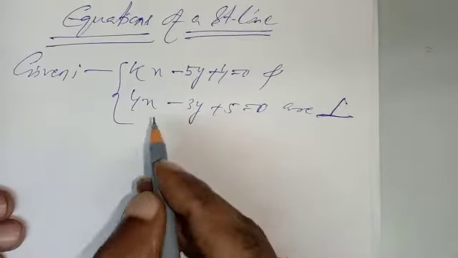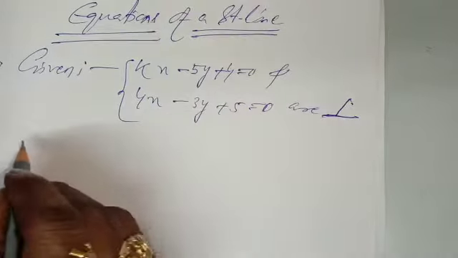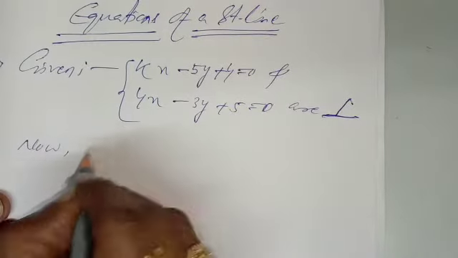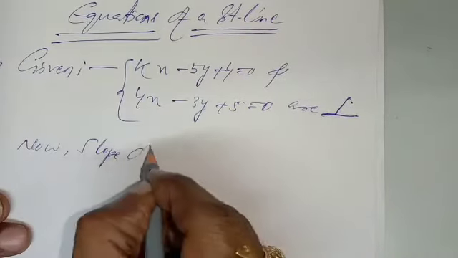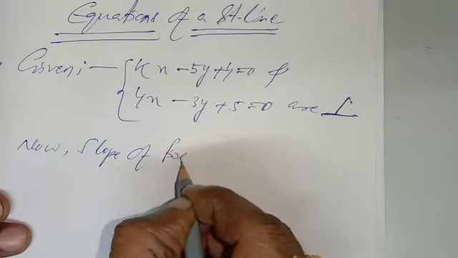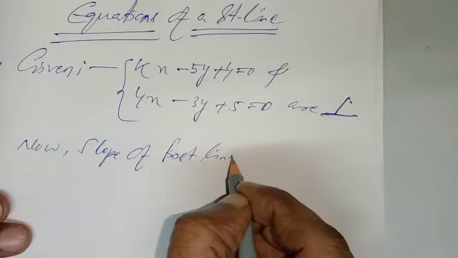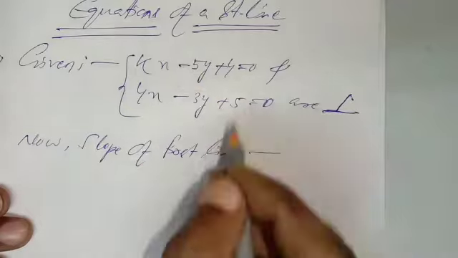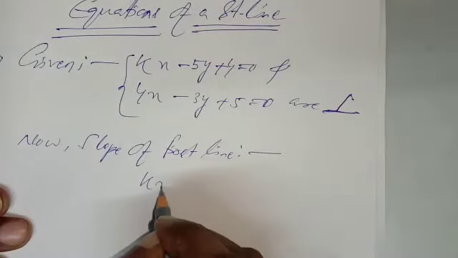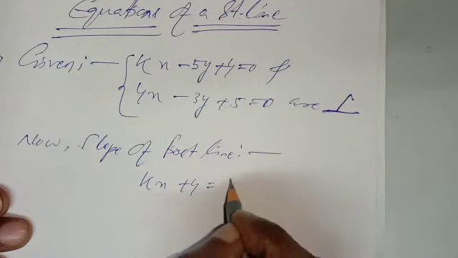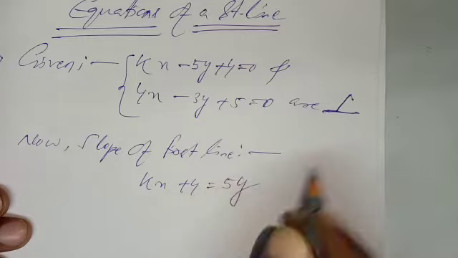That means you have to find out the slope of the first line. How do I find the slope of the first line? Just arrange: kx plus 4 is equal to 5y.